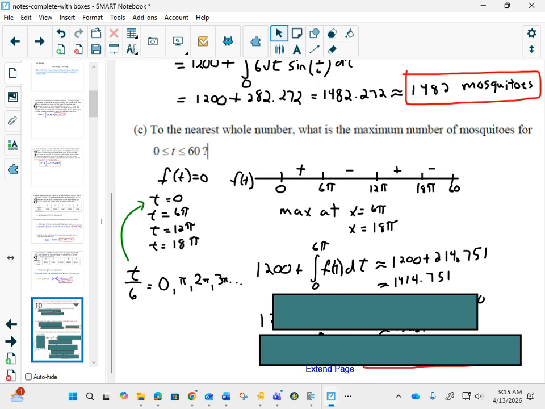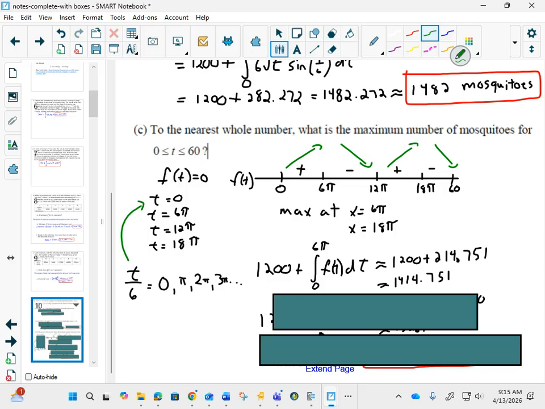I know that my function's increasing, then decreasing, then increasing, then decreasing. So technically, do we need to check 12 pi? No. Because you know that it won't be a maximum if you've gone down and then back up again. That's true.